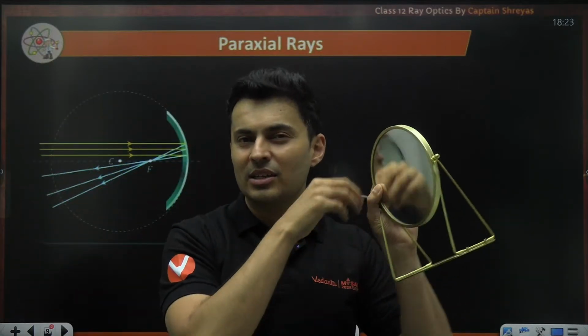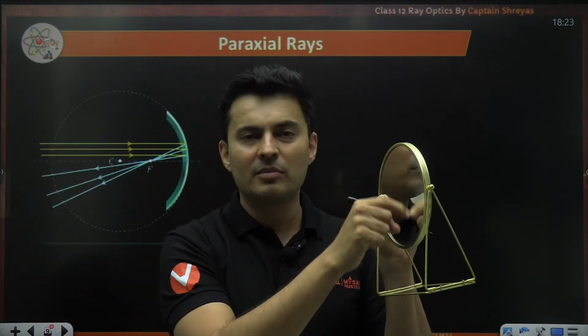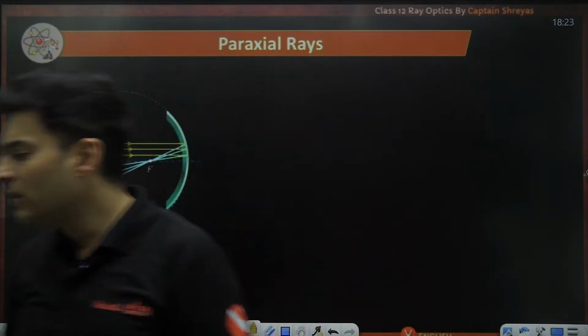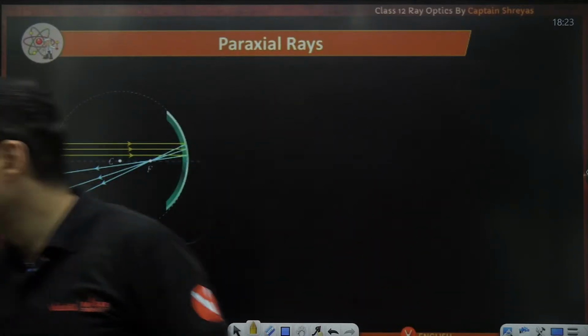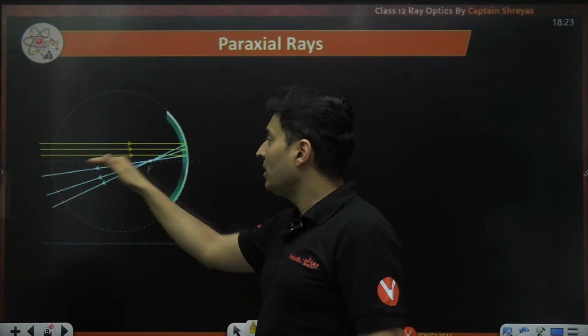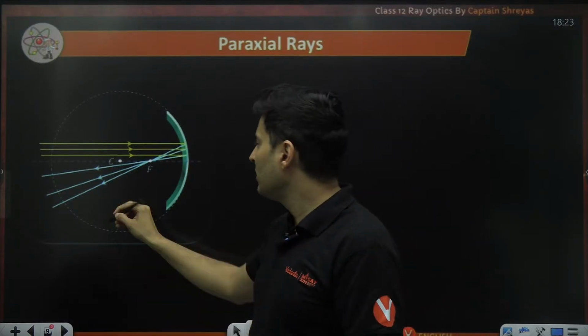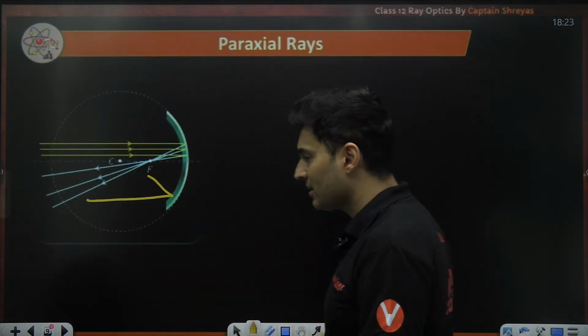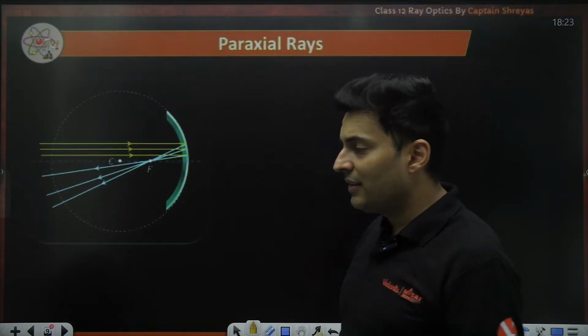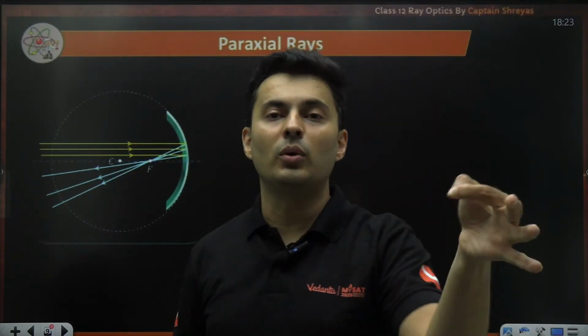We don't study such big mirrors. We study slightly smaller mirrors only, because we want the rays to be close to the principal axis. You might be wondering why. What happens if the ray is far away from the principal axis? Then the derivations and assumptions won't hold true.